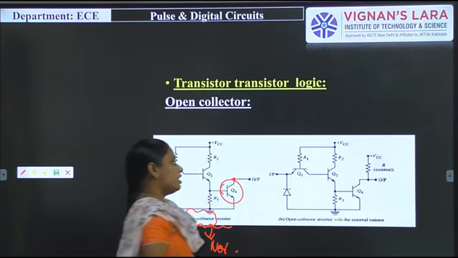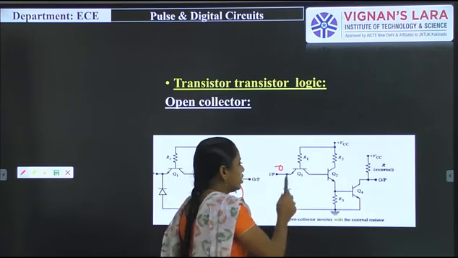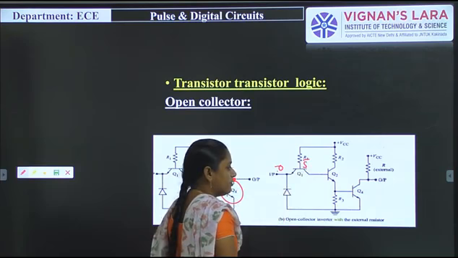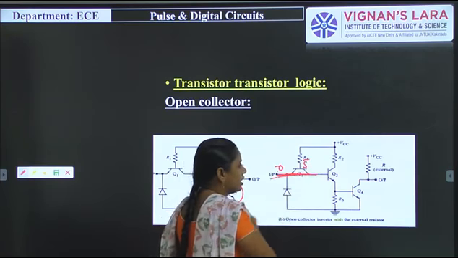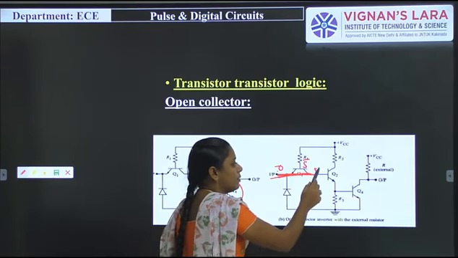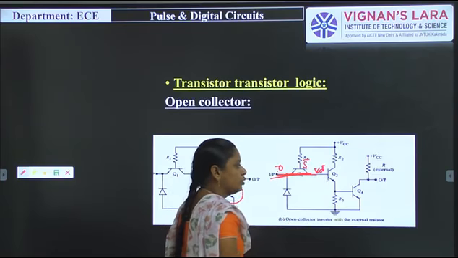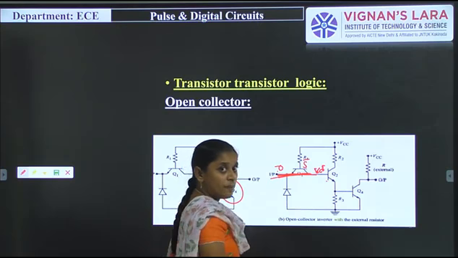Simply, when we give the input as 0, here 5 volts is applied, 5 and 0, so the transistor goes to on condition. When the transistor is in on condition, this voltage will be VCE sat. This VCE sat voltage is given to the transistor Q2, then Q2 is in off condition. When Q2 is in off condition, what happens?